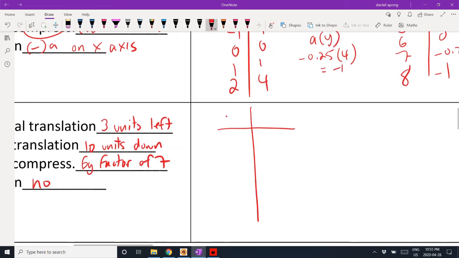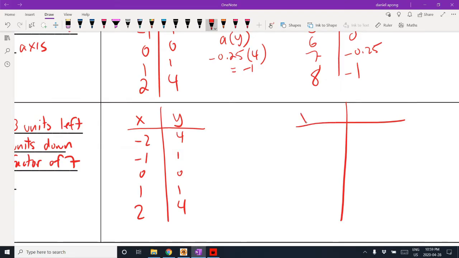And so we have our x, we have our y: -2, -1, 0, 1, 2, and 4, 1, 0, 1, 4. I'll show you how as well. So we have x plus h, and then we have a times y plus k. Our h value is -3.